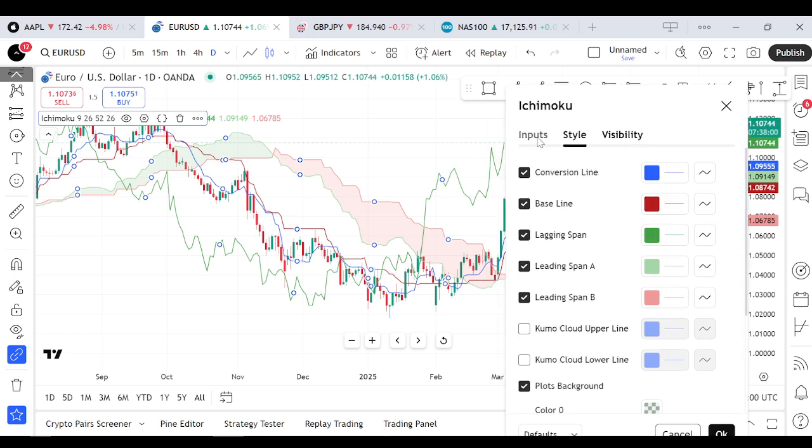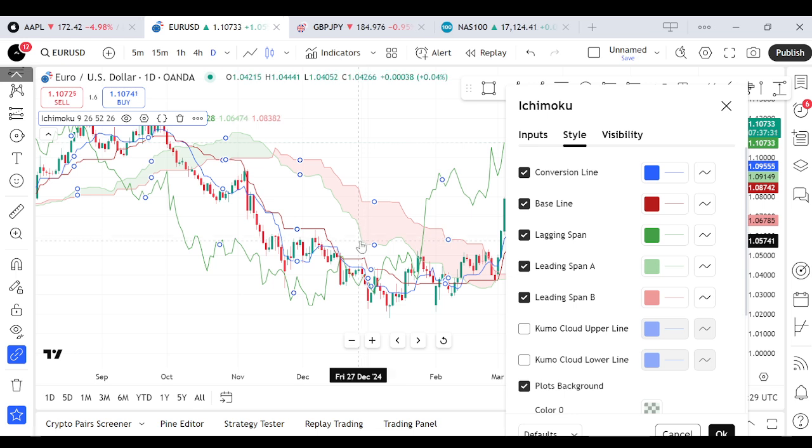The Ichimoku Cloud itself is composed of five key elements. We have the conversion line, which is the blue line, and we have the baseline, which is the brown line you can see on the chart. And also we have the lagging span, which is the green line plotted 26 periods backwards. We have the leading span A and the leading span B, and these two lines form our cloud, or Kumo in Japanese.